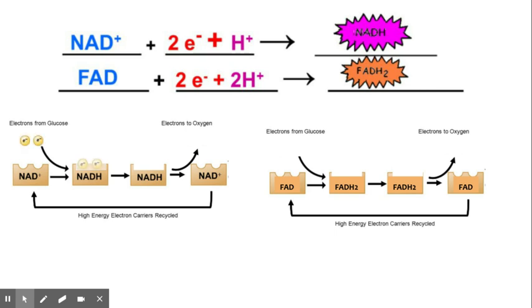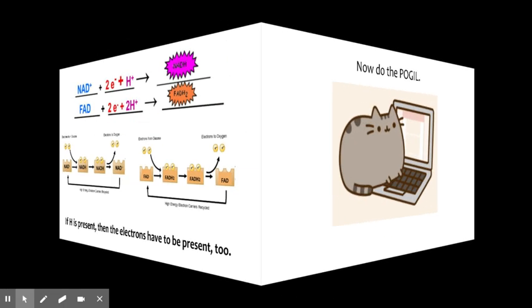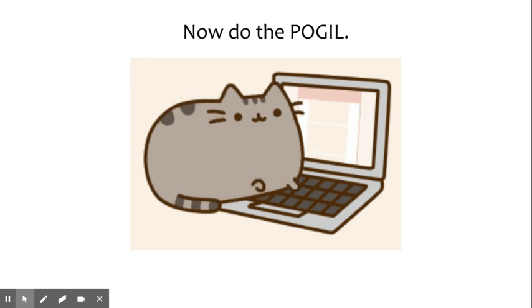So NAD+ with electrons becomes NADH, and as soon as it drops them off, it becomes NAD+ again. Again, as long as hydrogen is attached there, then electrons have to be present too, and so that's how you'll know. Same thing with FAD. Got the 2 electrons, it's FADH2, drops them off, it becomes FAD again. So that should help you with the POGIL in understanding the electron carrier portion of it. So now you can stop and go do the POGIL.